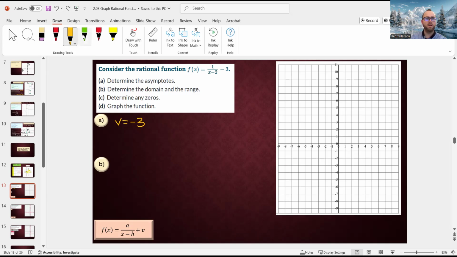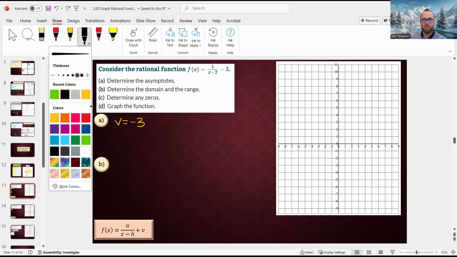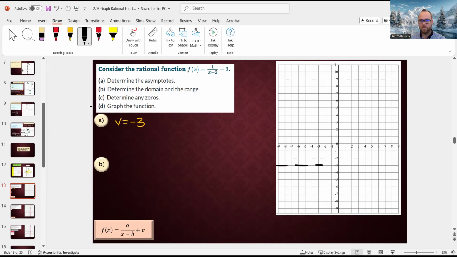I'll use a different color so it's easier to see. Okay, so that is our horizontal asymptote at y equals -3. So notice if v is -3, then y is also -3. That's the equation of the line. This is the value that it's actually equal to in the function.